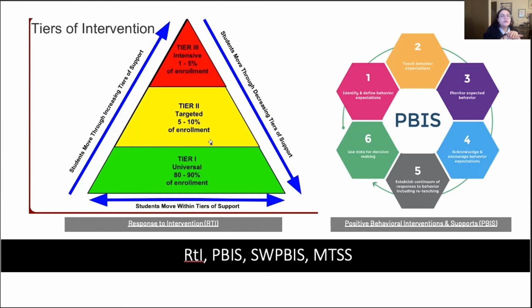This is universal. 80 to 90% of students are in this tier one, and all of these students who are in tier one should have access to that high quality, evidence-based, research-based instruction. If any of you are using a direct instruction curriculum, you see them a lot more for little kids, like reading and math direct instruction.